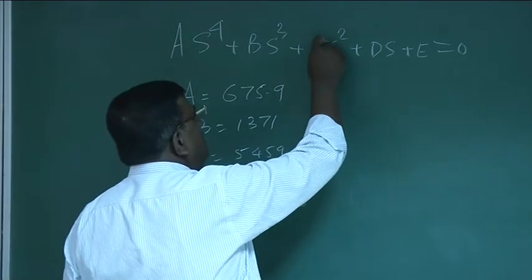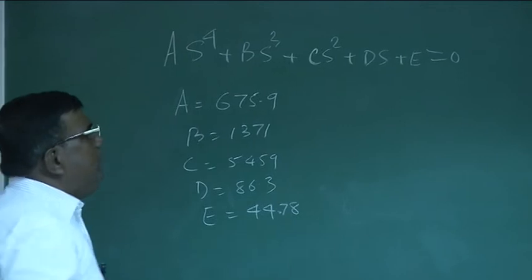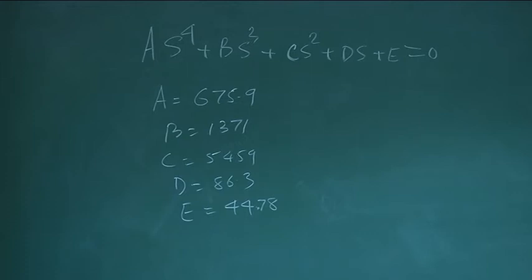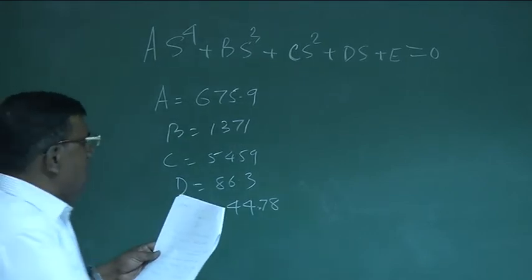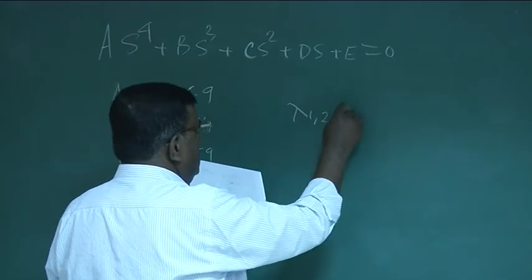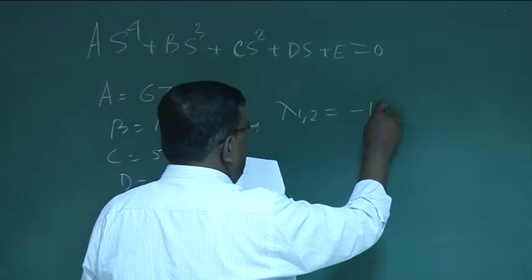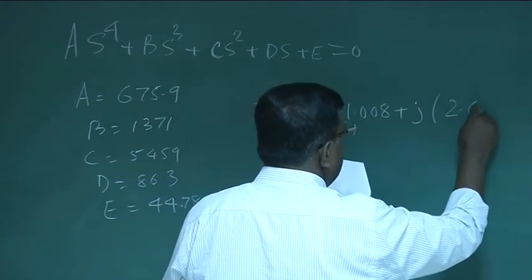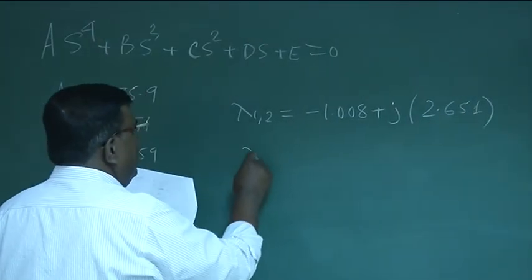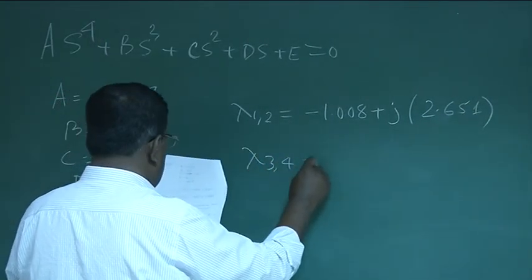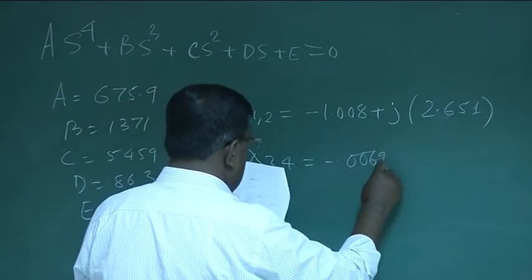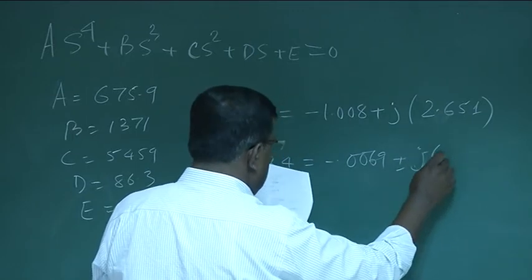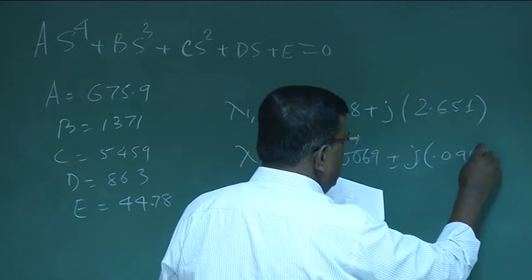Now, if I solve this equation and find the roots through numerical methods, which is possible, and let's say that it has been done, the roots lambda 1, 2 are minus 1.008 plus minus j 2.651, and another pair of roots 3, 4 is minus 0.0069 plus minus j 0.0905.